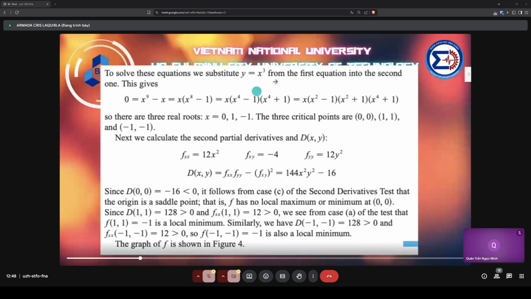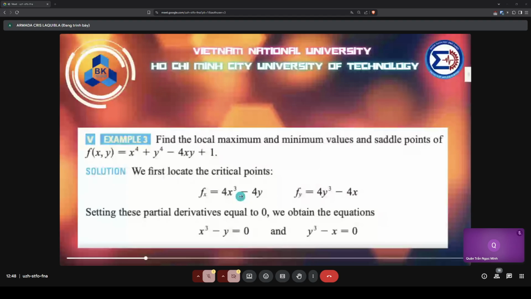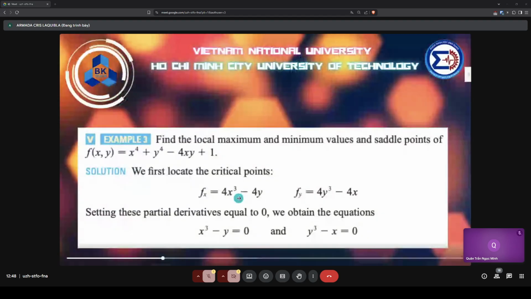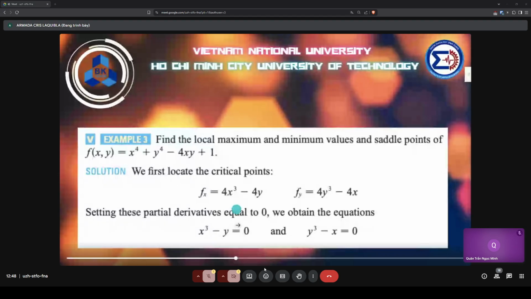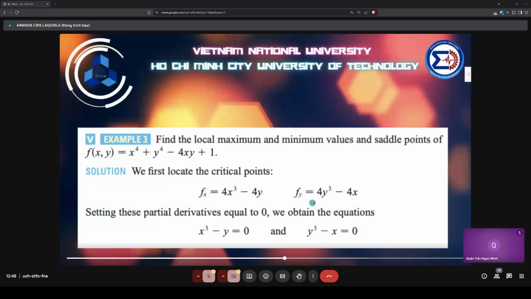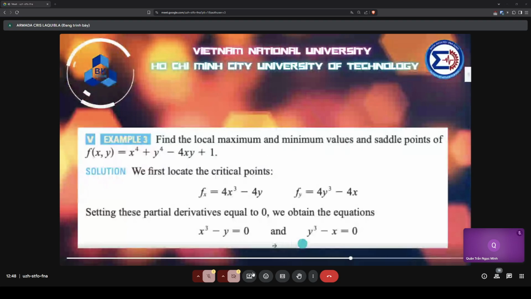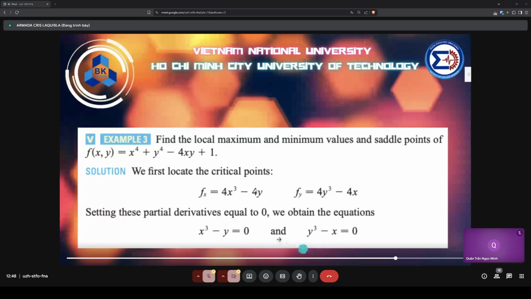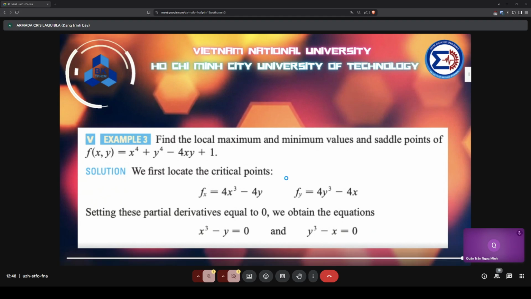From the first equation into the second one. Look at your first equation, which is this. Wait, class. Substitute the first one to the second one. It's here. Your y here is equal to x cubed, and this one, your x is equal to y cubed. Correct?